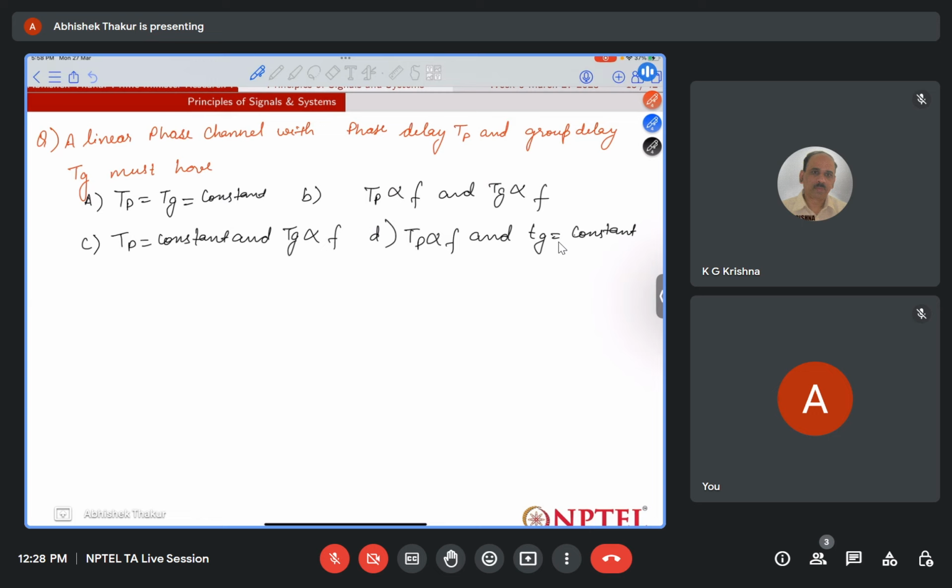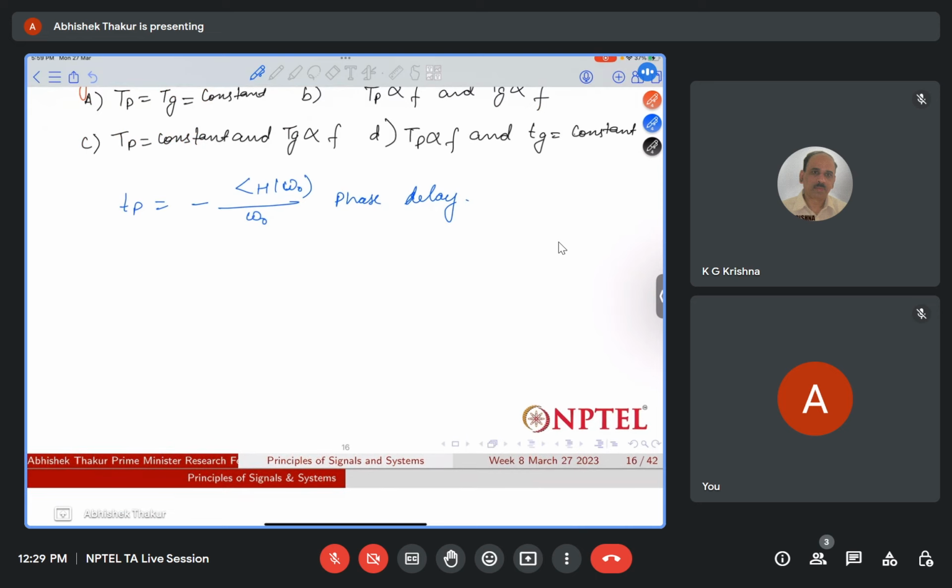We know that the phase delay Tp is given as minus of angle of H(omega naught) divided by omega naught. Basically, it is the time delay experienced by a signal when the signal passes through a system, and that can be found using this.